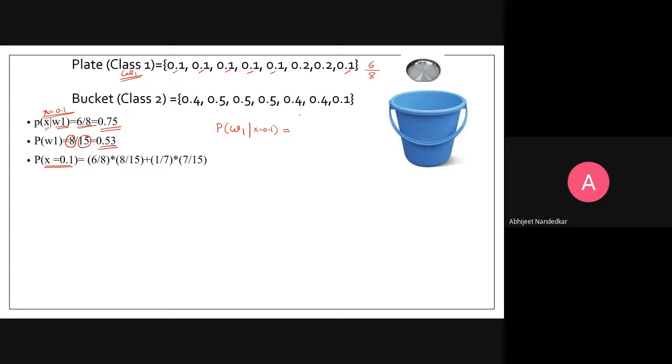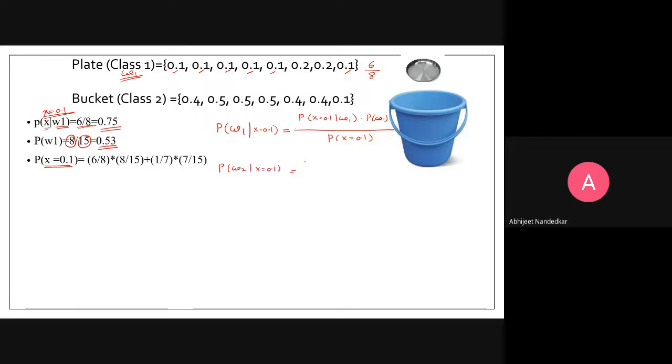So what I do, I just find out probability of x is equal to 0.1 given omega 1, into probability of omega 1, divided by probability of x is equal to 0.1. So I want to compute this. Then I can compute probability of omega 2 given x is equal to 0.1.